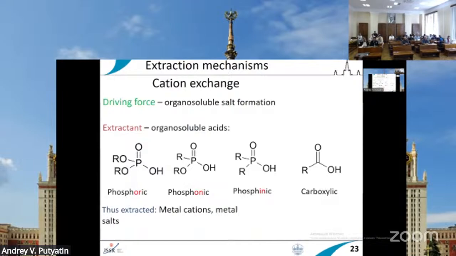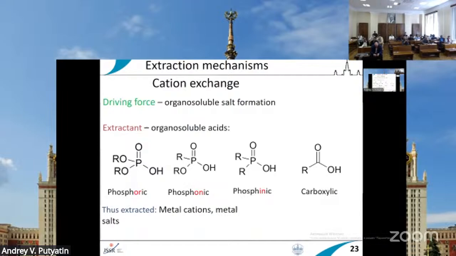And carboxylic acids are not so widespread and used in radiochemistry and in hydrometallurgy because they are weak compounds, they have low extraction. The only good thing I can say about them is that we can produce them from oil, and that's why they're very cheap but not very effective.